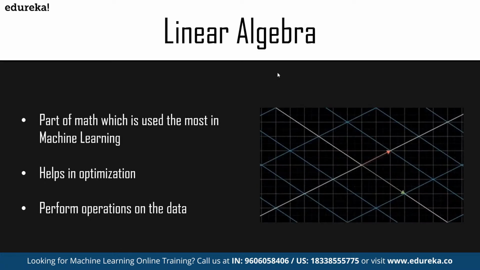It's the part of mathematics which is used the most in machine learning. It helps in optimization, and it helps in performing the entire operations on the data. It helps in optimizing data operations that can be performed on pixels such as shearing, rotation, and much more. And we can understand why linear algebra is such an important aspect when it comes to mathematics for machine learning.